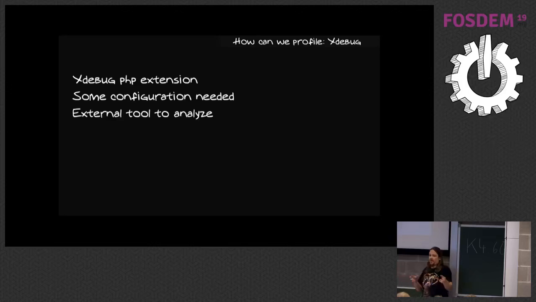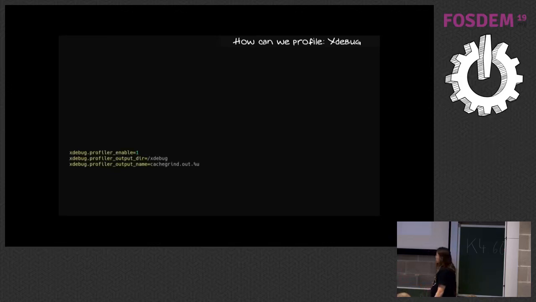It creates a cachegrind file, and then you can visualize it with some external tool. What I usually use is enable the profiler, write it somewhere, and cachegrind.out.%u. That's just a timestamp. You could be smarter about this and get more information. You can find it in the documentation of Xdebug.